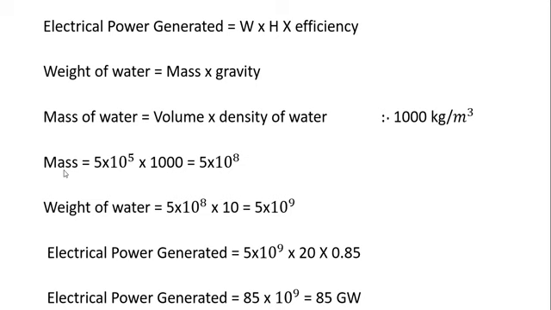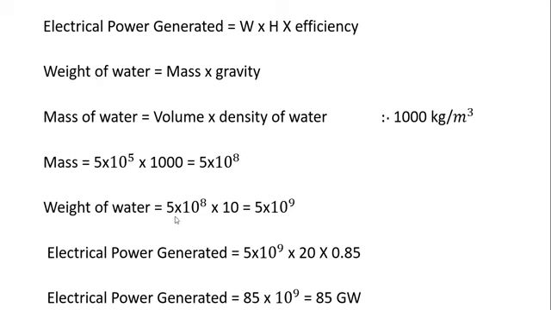So what we will do, firstly we will find mass of water. It will be 5 into 10 raised to the power 5 multiplied by 1000, and it will become 5 into 10 raised to the power 8, this 3 and 5 will add up to 8. Now we have the mass of water. We need to find the weight of water, because our actual formula needs weight of water.